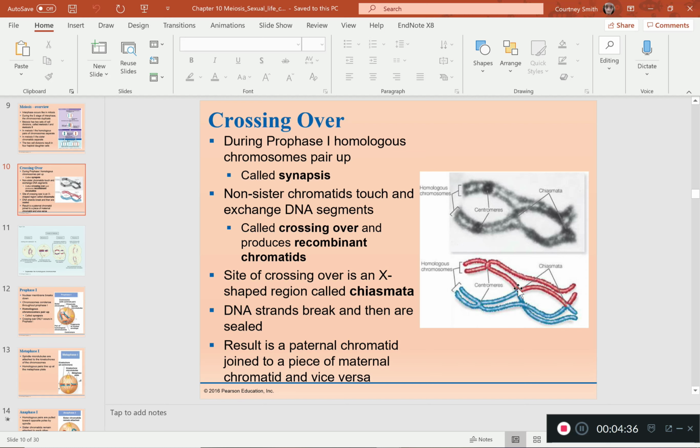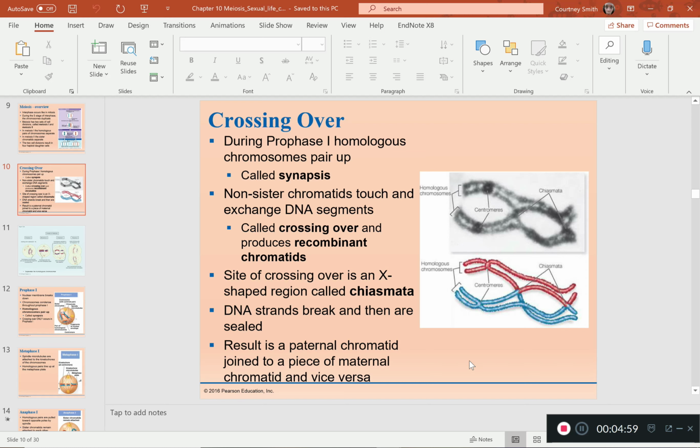Whenever they touch, the chromatids become recombinant, meaning they recombine and essentially swap genetic information. Some of the red will end up on the blue, and some of the blue will be on the red.